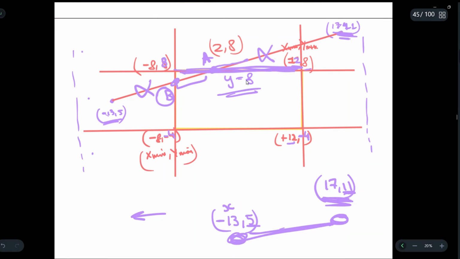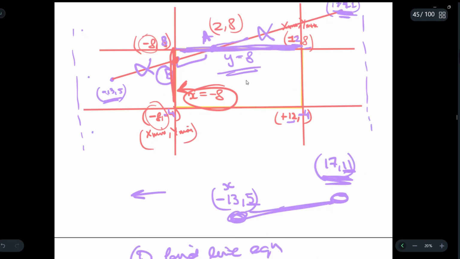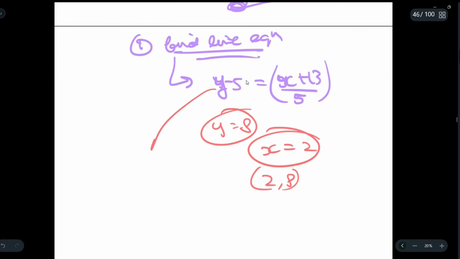Now similarly, for B, instead of taking y, we will take x. That is, we will consider x to be minus 8 for this line segment or for this point B. As we can see, minus 8 is common over here. Now for B, this was for A. For B, we will put the value of x as minus 8 in the equation of the line that we had already got.